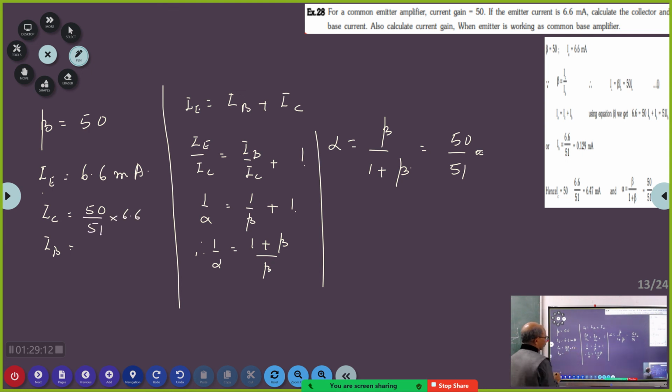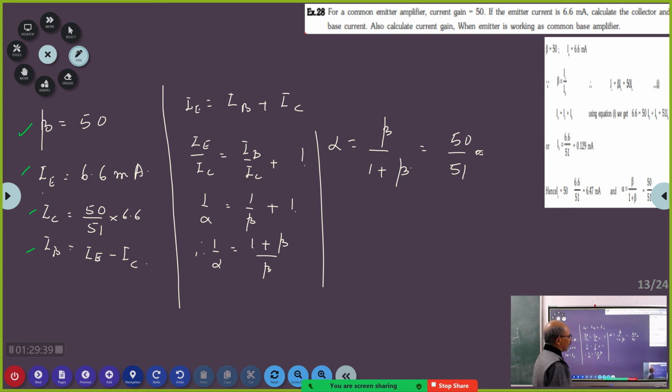So I think you did this. And IB will be, yes. I think you all did this only. Also calculate the current gain when working in common base configuration.